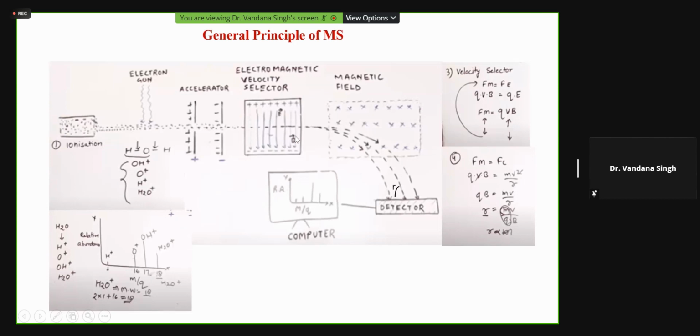As the different molecules hit the detector at different times, they will get separated and we will get a chromatograph. I just tried to simplify the process and discuss the basic concept. So this is overall what we had to cover today in this lecture.